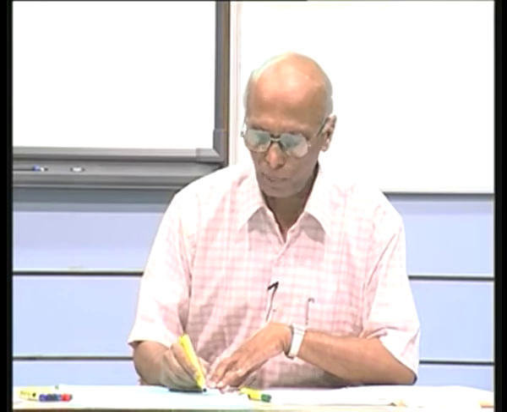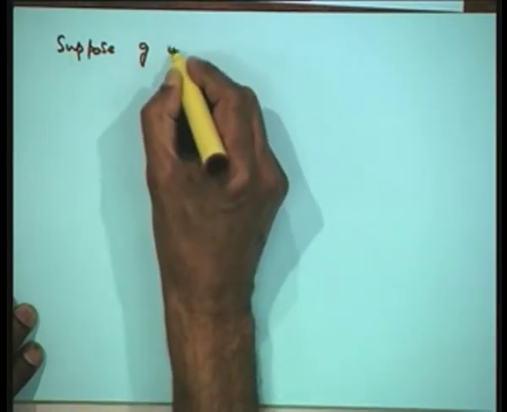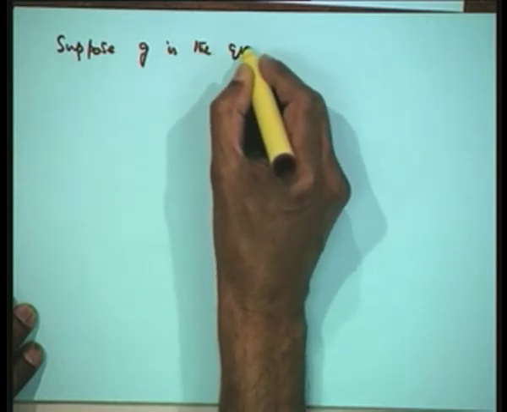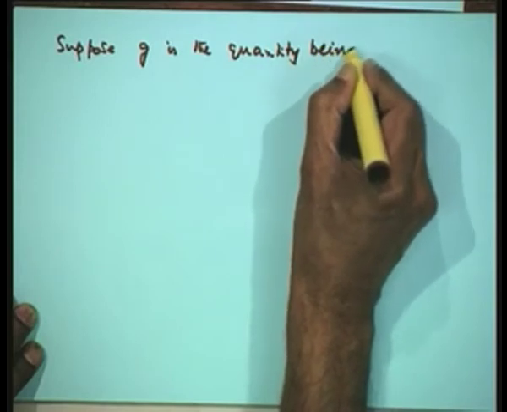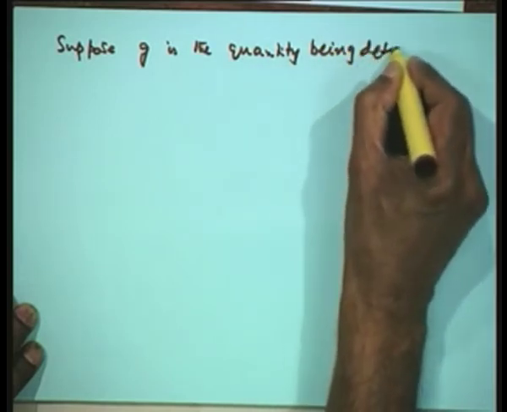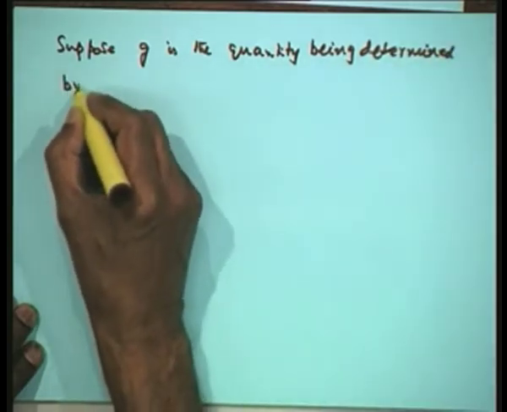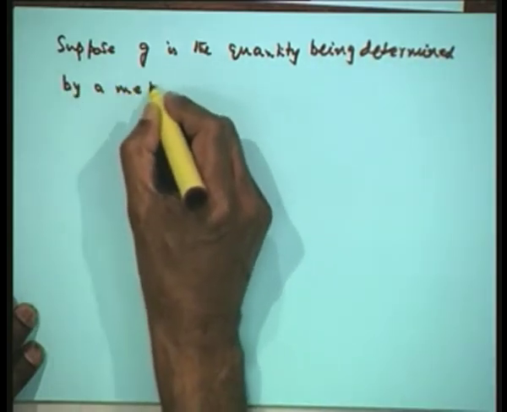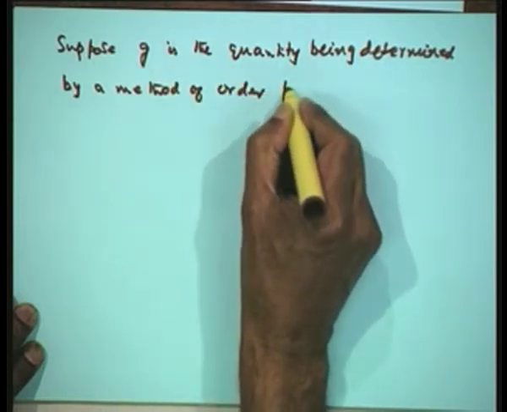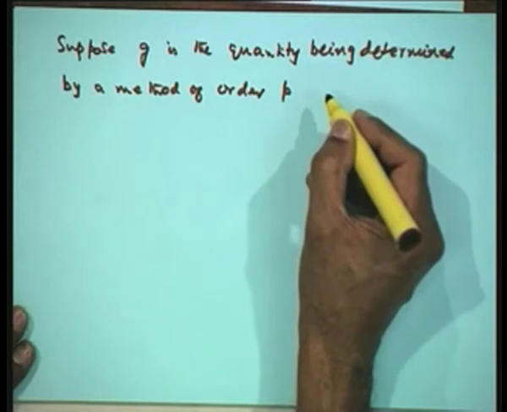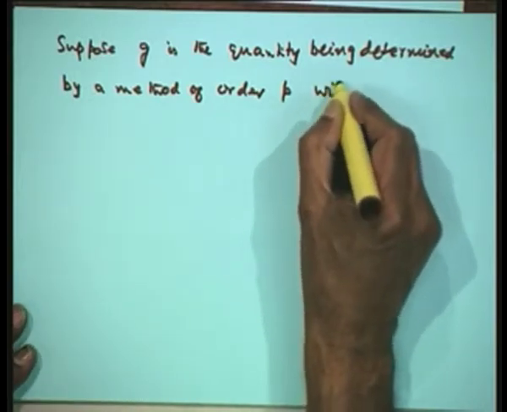What we have here is, suppose G is the quantity being determined by a method of order p, with a step length h.